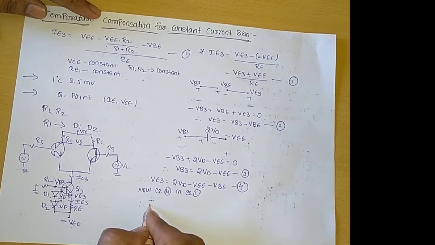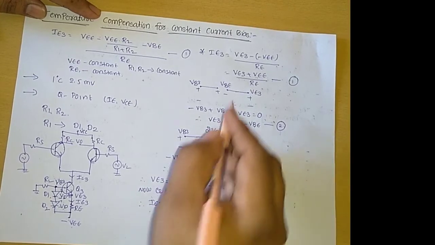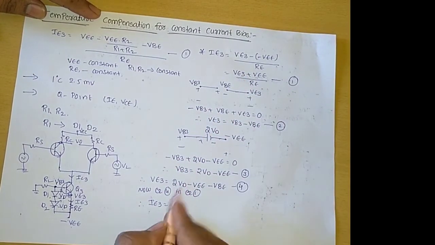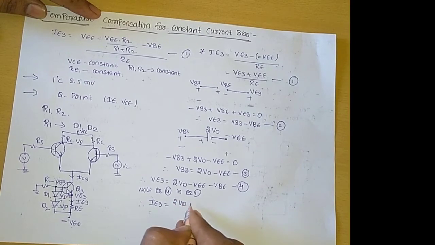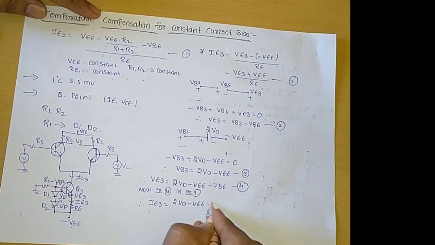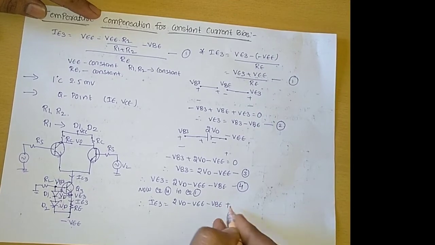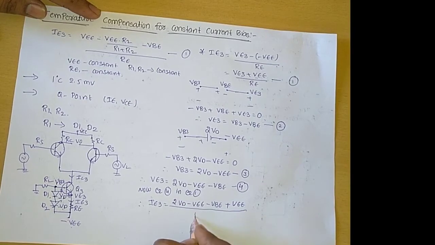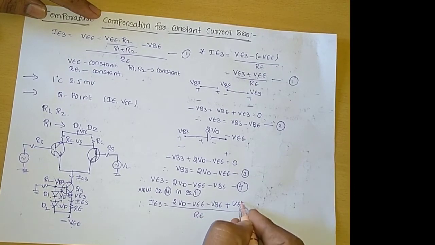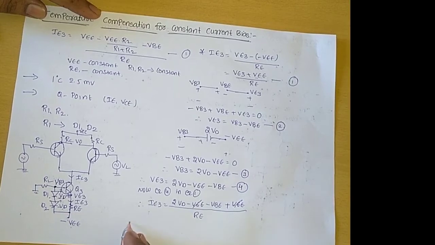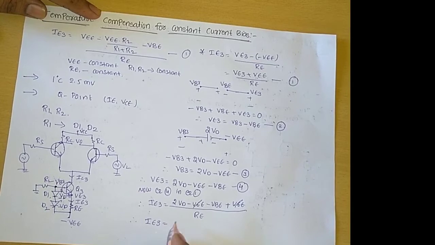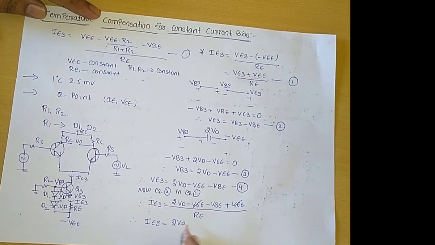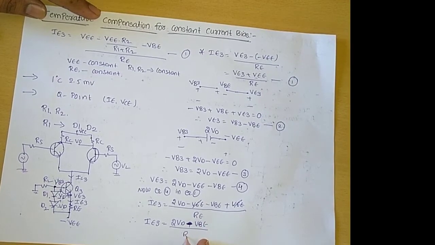Therefore, the emitter terminal current IE3 equals VE3, that is 2 into VD minus VEE minus VBE, plus VEE, whole divided by the resistance RE. Here plus VEE and minus VEE cancel. Therefore, this emitter terminal current IE3 equals 2 into VD minus VBE, whole divided by RE.